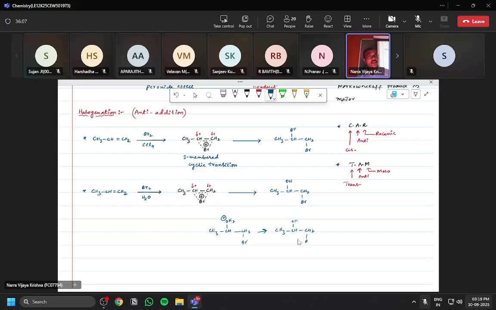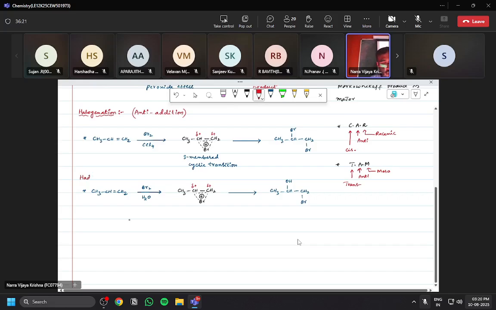In the next step, from here H plus will be gone, forming CH3, CHOH, CH2Br. Correct, sir? So it is an example of halohydroxylation. One halogen is there, one hydroxyl group is there. So that's why it is called halohydroxylation.